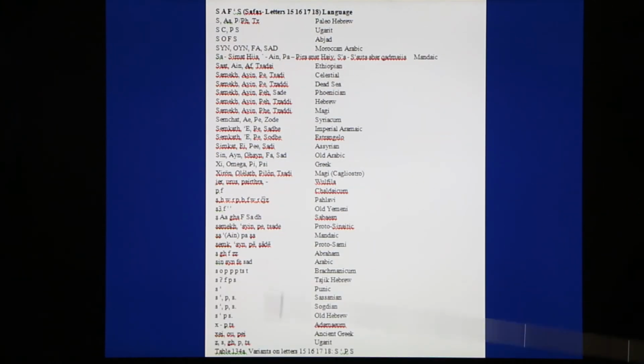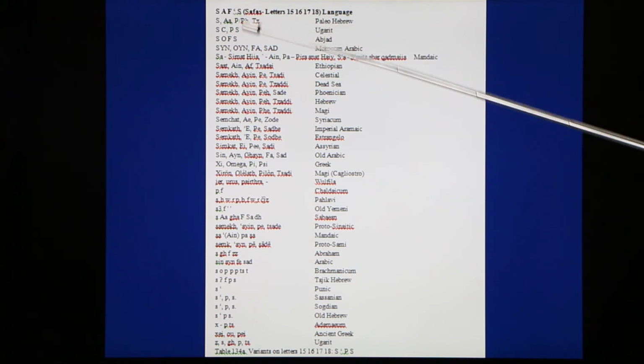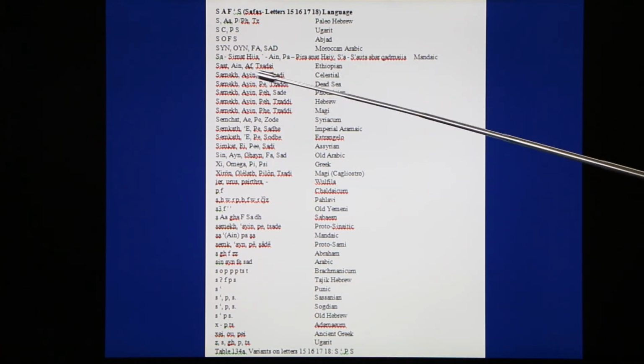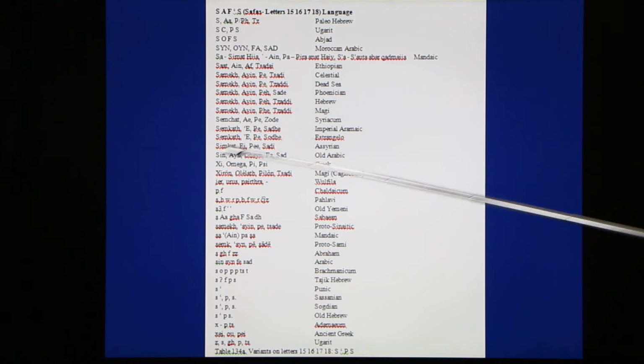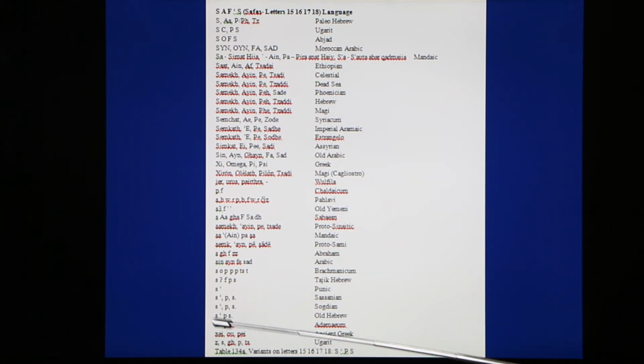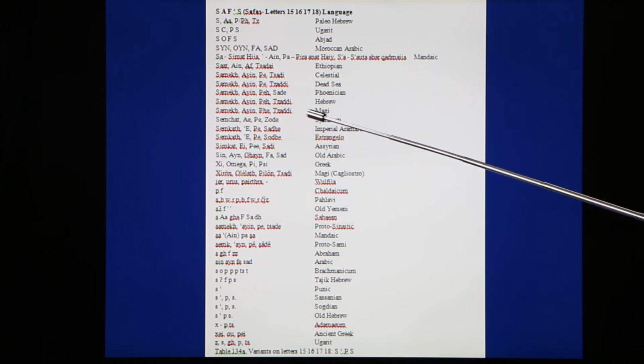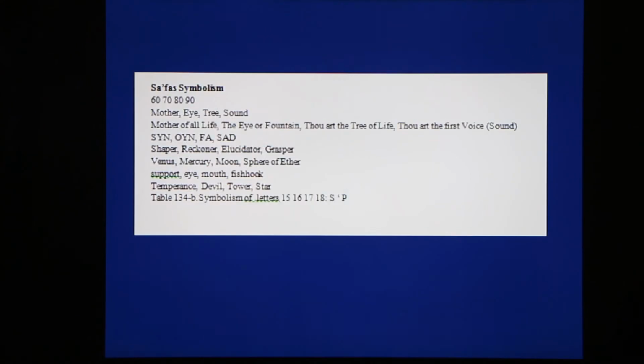Well, the next one, the SAF apostrophe S, is one of the most variant ones, which you can see in terms of just how you write those 4 letters, sometimes just as 4 letters, and then other times as samik, ayin, pe, tzadi, and again, the alphabets involved. The meanings: mother, eye, tree, sound, mother of all life, eye or fountain, thou art the tree of love, thou art the first voice.